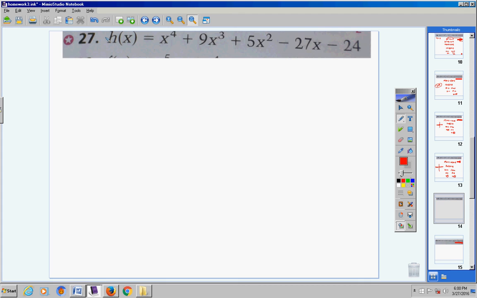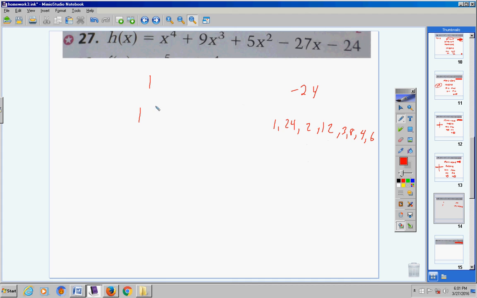So what we're going to do is list the rational zeros and start checking them, unfortunately, because I cannot factor. My lead coefficient is 1. My constant term is negative 24. Factors of 1 would be 1. Factors of 24 would be 1 times 24, 2 times 12, 3 times 8, 4 times 6, and then it starts to repeat, 6 times 4. So that's it.